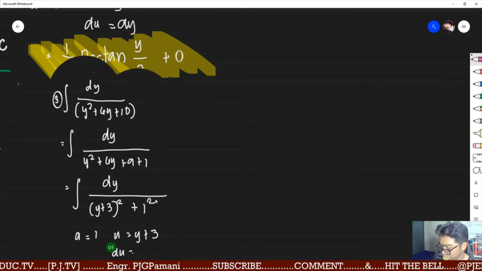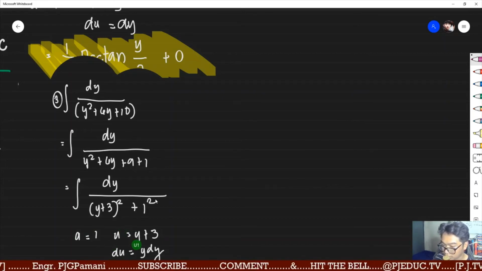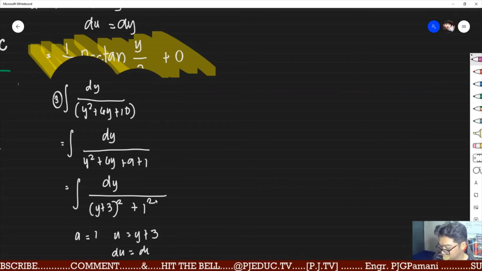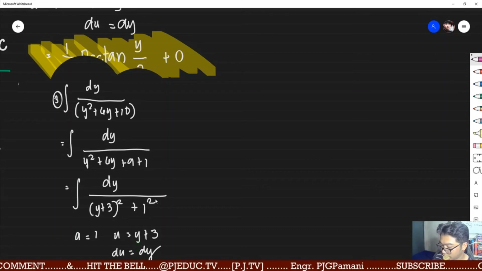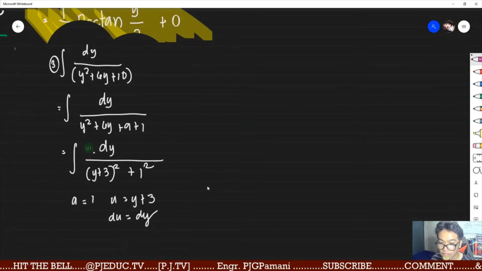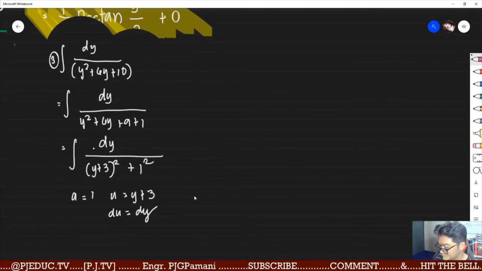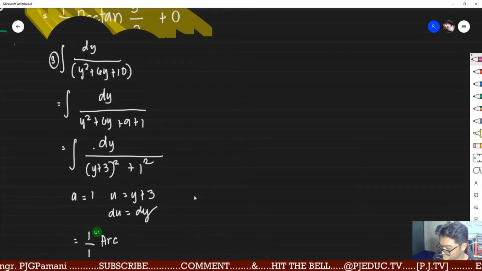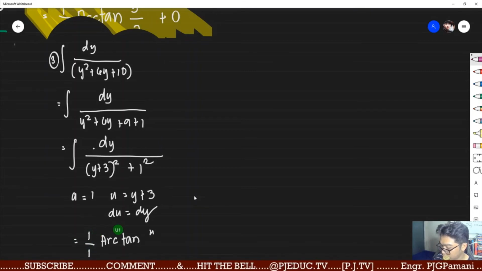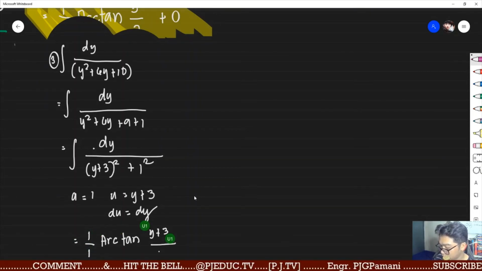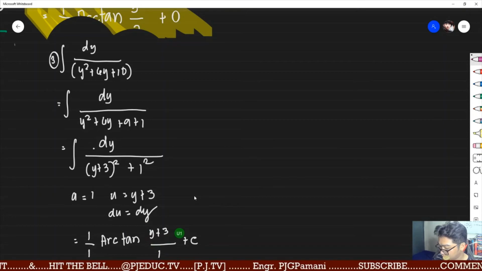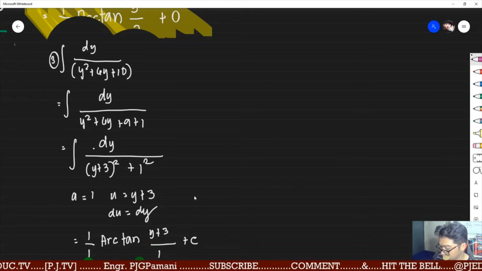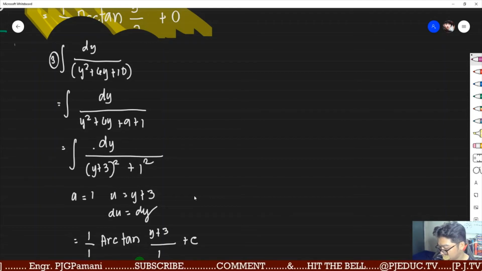Differential of our function, that is simply dy. Wala namang extra term doon sa ating numerator. So, that is basically 1 over a. So, 1 over 1 arctan function y plus 3 over a, which is 1, plus c, simplify, that is simply arctangent y plus 3 plus c.